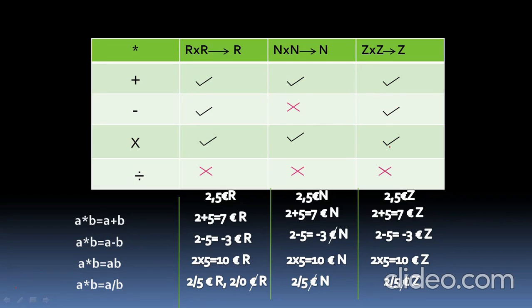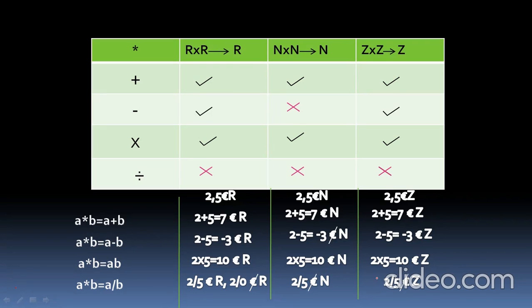Now consider multiplication. The same way we can check 2 multiplied by 5, that gives us 10, which is an integer. So in general, if we multiply two integers, we get the result as an integer. So multiplication is again a binary operation on the set of integers. Now comes the division.